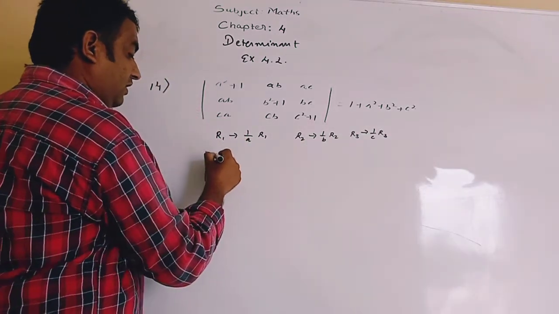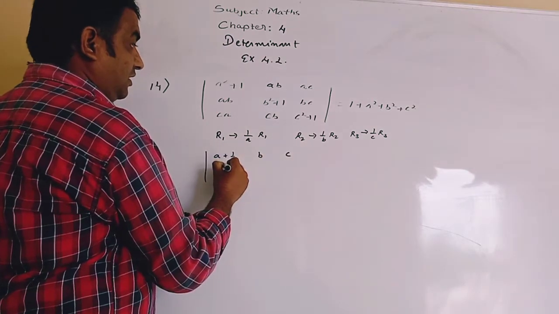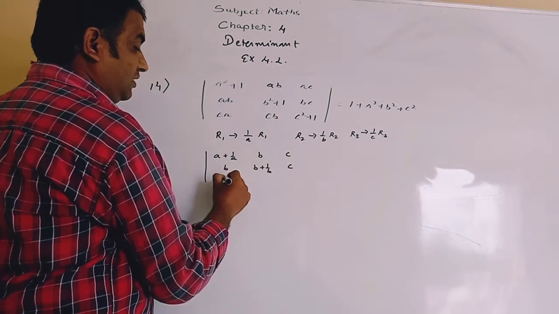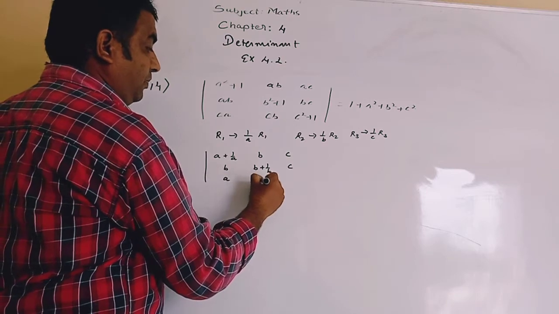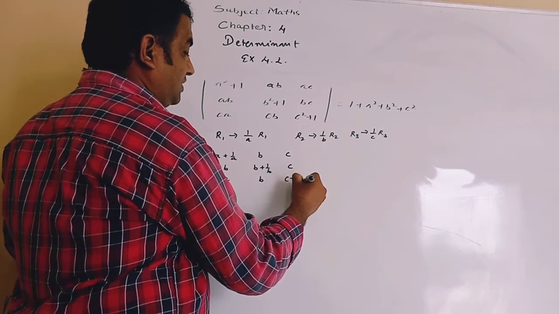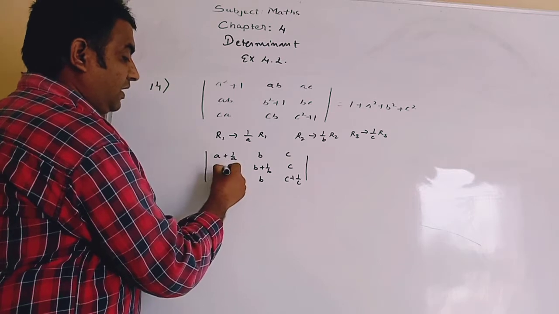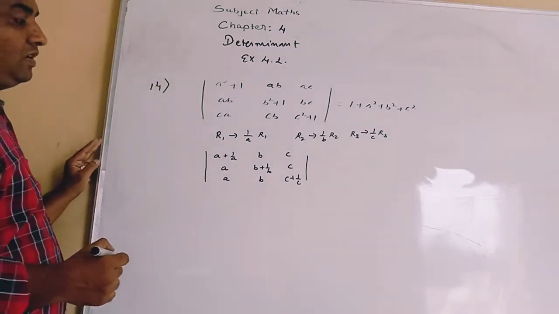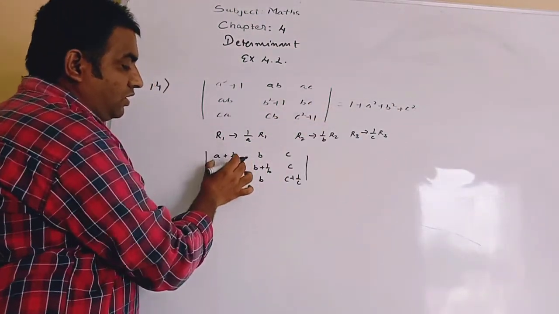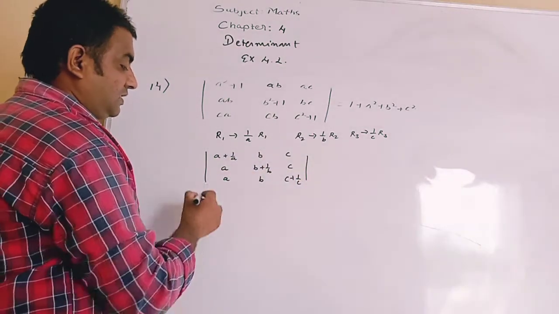Then we get here a + 1/a, b, c; a, b + 1/b, c; a, b, and c + 1/c. Sorry, here we have divided by b, so here a will be there. Now here we want a² b² c², so first column multiply by a, second column multiply by b, and third column multiply by c.